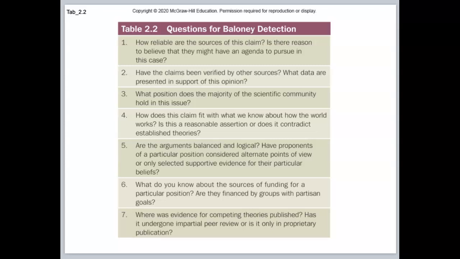And one of the things that students should be able to do is to learn how to detect whether something is real or not. So here, table 2.2 is a series of questions that I'm going to ask you to apply in a homework assignment for baloney detection. Is something real or not real?